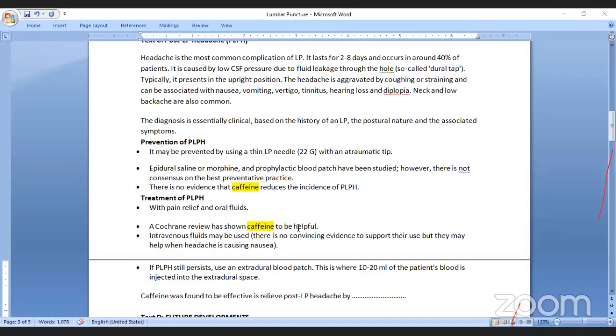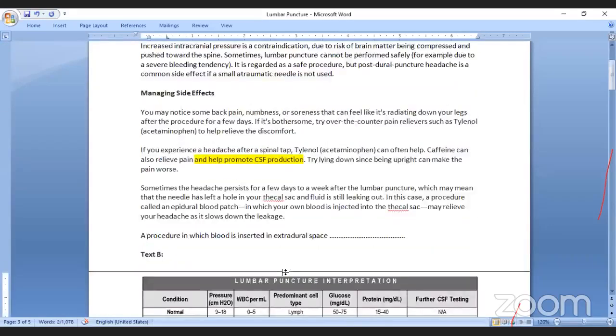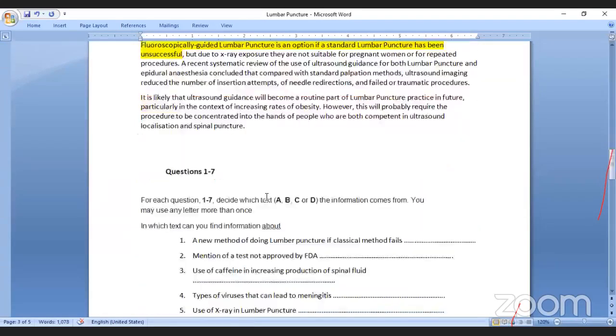So your keyword is caffeine. The increased production of CSF is above. So it could be this one. And here they have mentioned something about caffeine: caffeine can also relieve pain and help promote. No, this is not it.